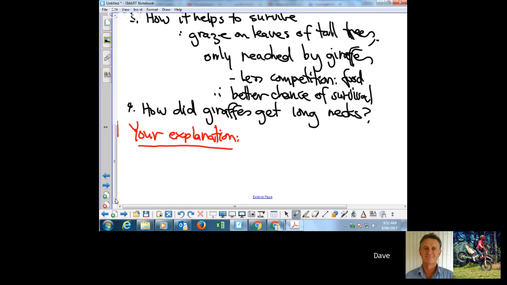So how did you feel about that comment? I feel like it's more of a genetic thing. Like there'll be some that naturally had shorter necks and some that naturally had longer necks, and over time they survived and it kept getting longer and longer. In a population of giraffes, some are going to be born with a medium-sized neck, but some, by chance, will be born with a longer neck. Yeah. So you don't have all giraffes with the same necks.